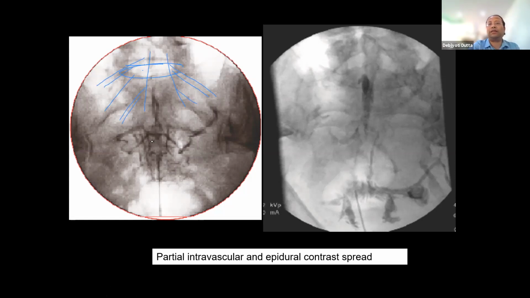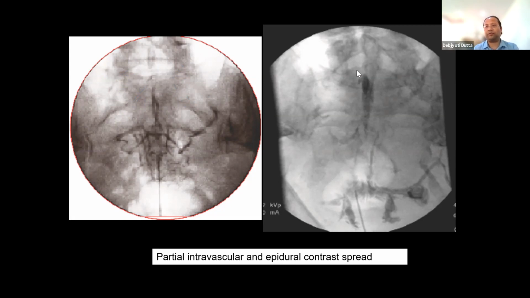That you must get, and bilaterally symmetrical. Most of the time caudal epidural is given when symptoms are on both sides, and we will go through any foramen, S1 foramen, S2 foramen, when a unilateral symptom is there. Otherwise we can go through both S1 foramina also, that is also possible.